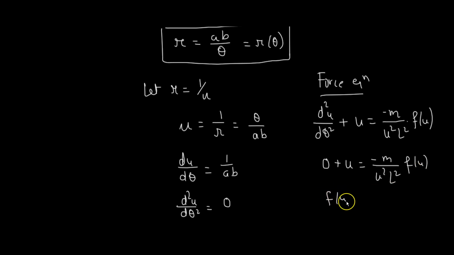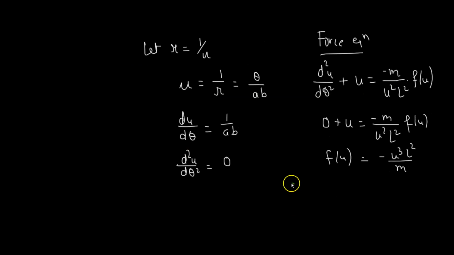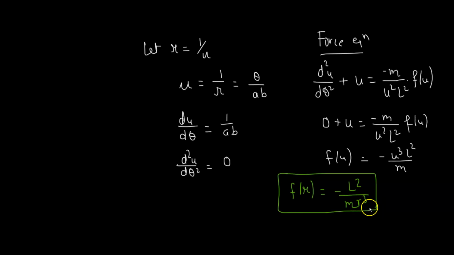Solving for f of u, we have negative u cubed L squared over m, but we want our force to be a function of r, so we replace u with 1 over r. That finally gives us f of r equals negative L squared divided by m r cubed. So this is the expression of our force, the central force.